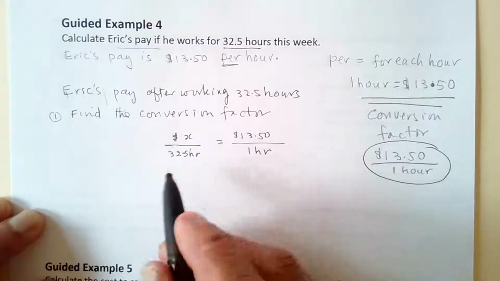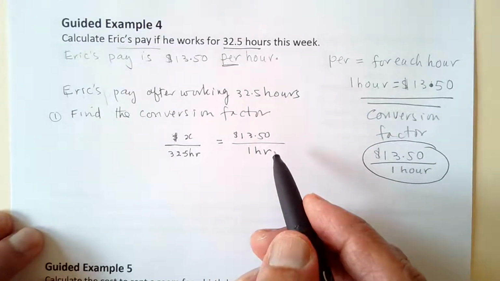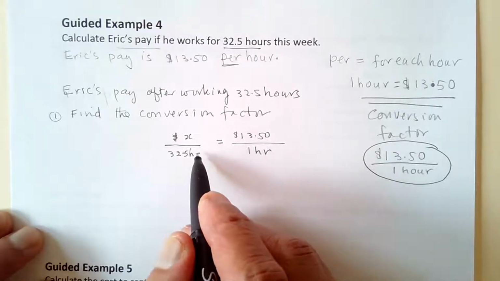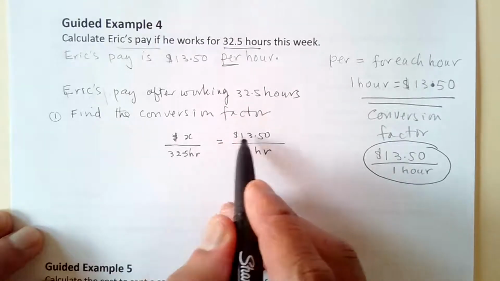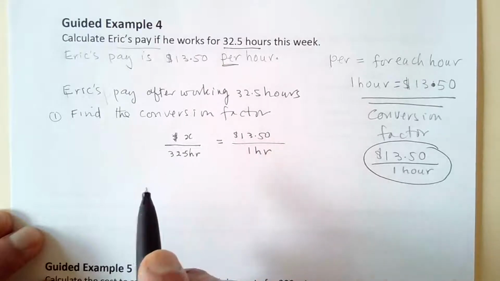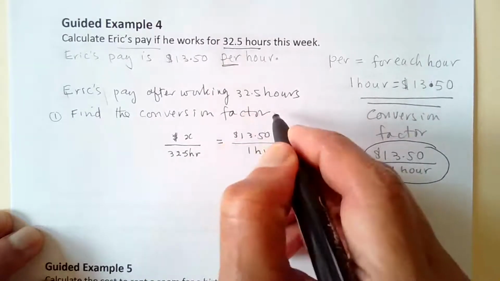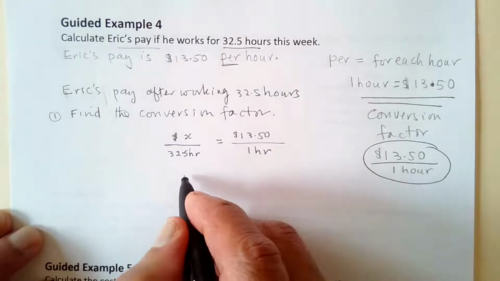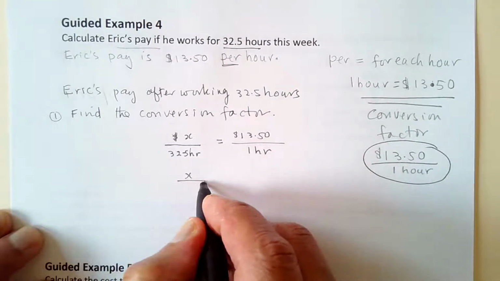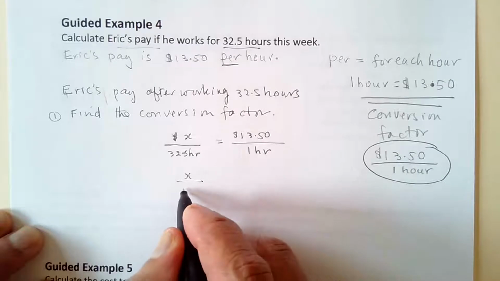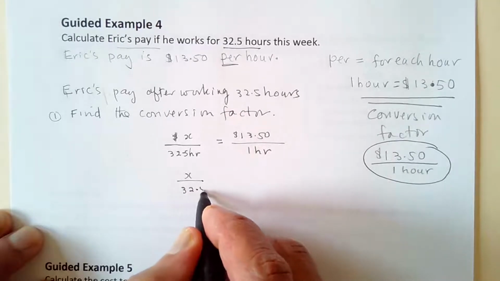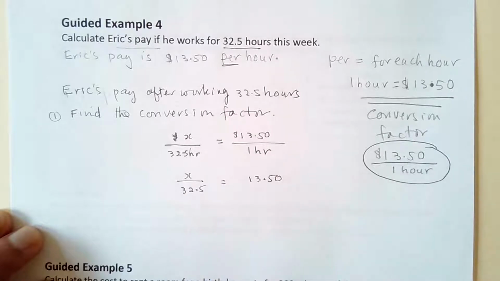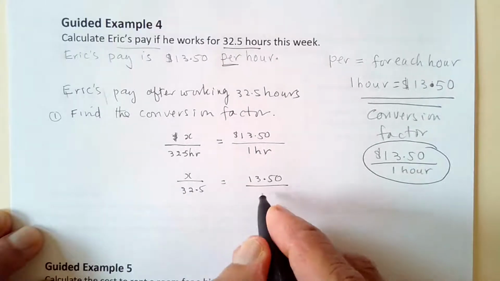Remember, when we're doing the proportion method, we have to make sure our denominators are the same, hours and hours, and our numerators are also the same in terms of dollars. Now I can remove the hours there. So we have X over 32.5 is equal to 13.50 over 1.